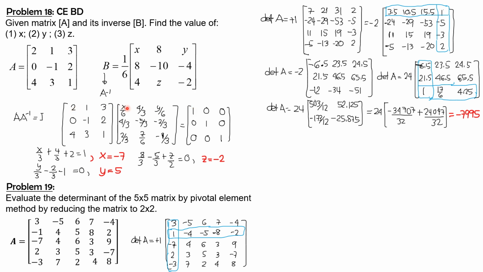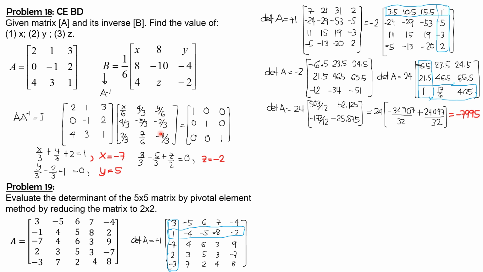So 2 times X over 6 is X over 3, plus 1 times 4 thirds is 4 thirds, plus 3 times 2 thirds, which is 2, and equals 1. Solving for X, X is 1 minus 2 minus 4 thirds, and after that the answer should be multiplied by 3. Solving for X, X is negative 7.